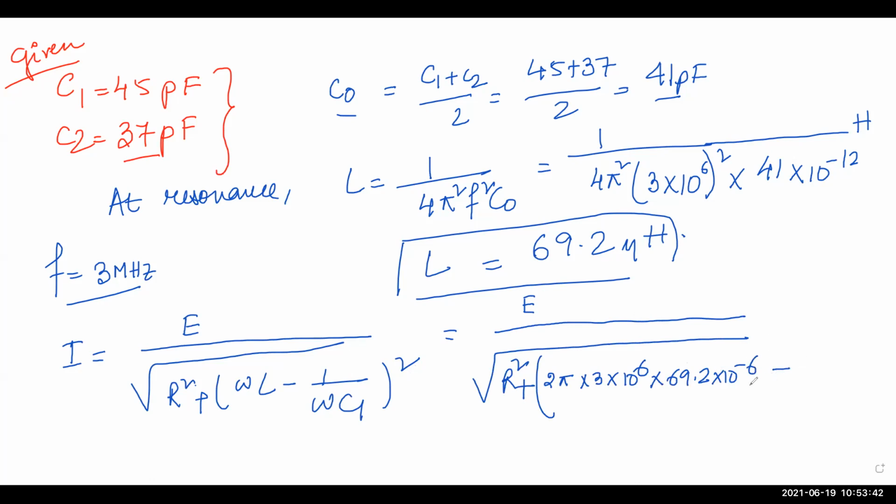Minus 1 by omega C1, which means 2 pi F C1. 2 pi F is 3 into 10 to the power 6, into C1, which is 45 into 10 to the power minus 12. You take the whole square of it.